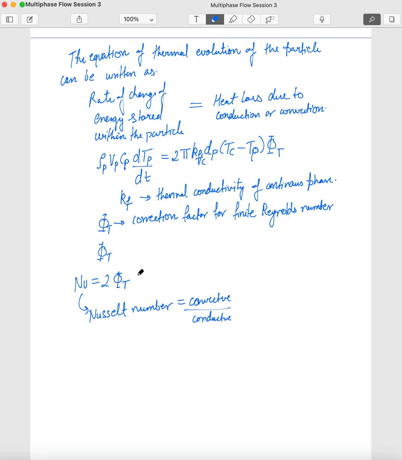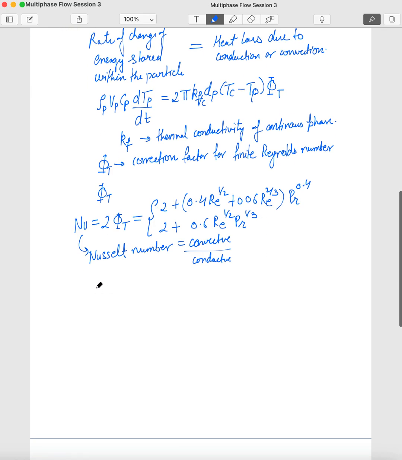Okay, so basically this is defined as 2 plus (0.4 Re to the power 1 by 2 plus 0.06 Re to the power 2 by 3) Pr to the power 0.4. So that is the empirical correlation based on some experiments.